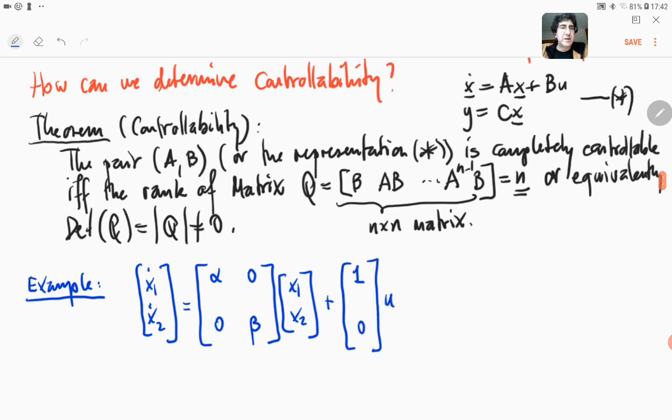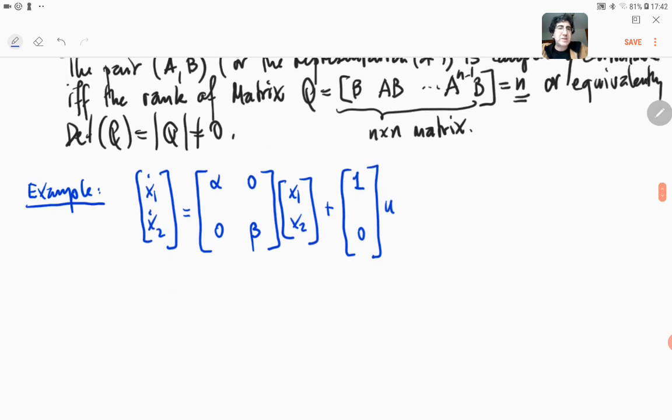So this is a single input system, so there is only a scalar u. Let's expand this, and we are talking about whether this system is controllable or not. So the question is, given any initial state x0, can I bring this state to the origin in a finite amount of time?